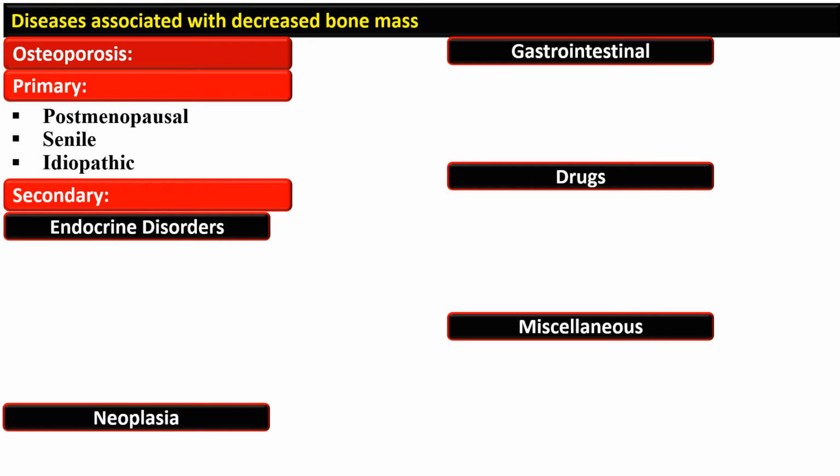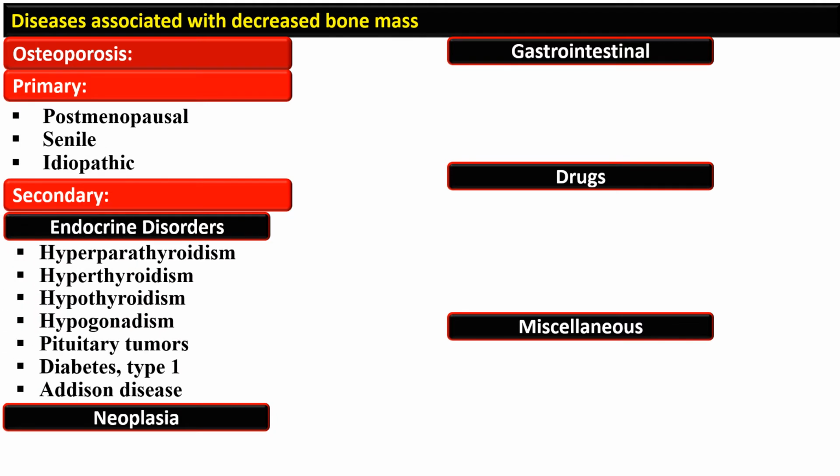Now the endocrine disorders include hyperparathyroidism, hyperthyroidism, hypothyroidism, hypogonadism, pituitary tumor, type 1 diabetes, and Addison's disease.